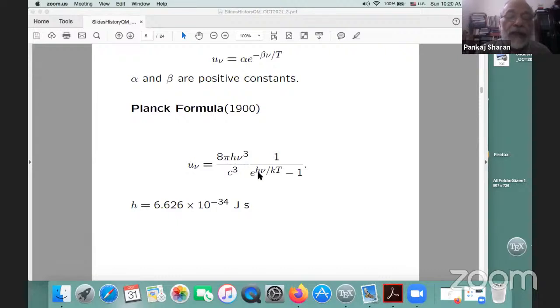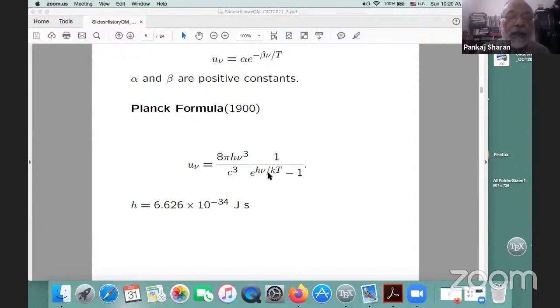But if you take the limit when h nu by kT is small, then you will have h nu by kT in the denominator, and this h will cancel. So in the classical limit, h is invisible. Okay, that's the point I want to make.